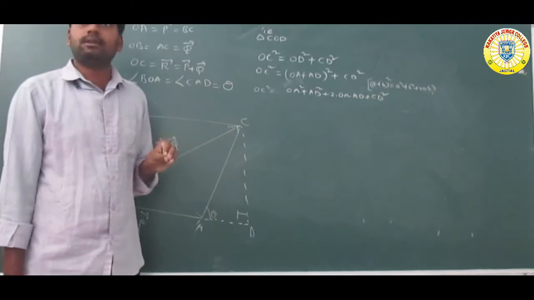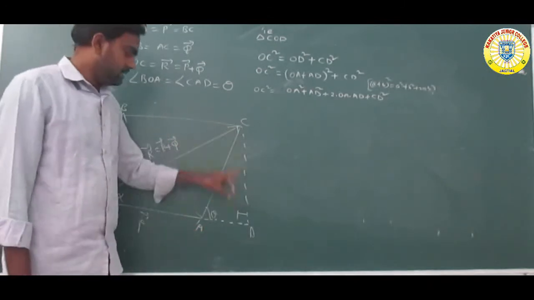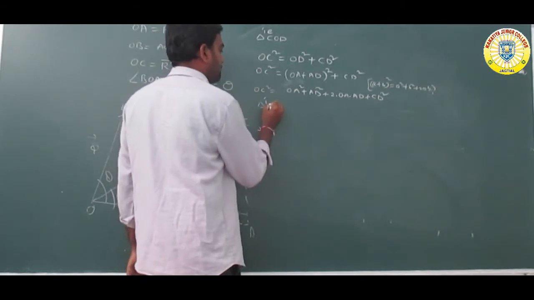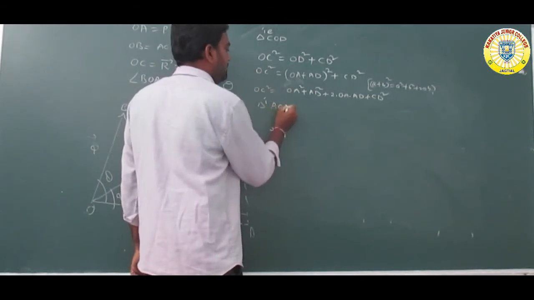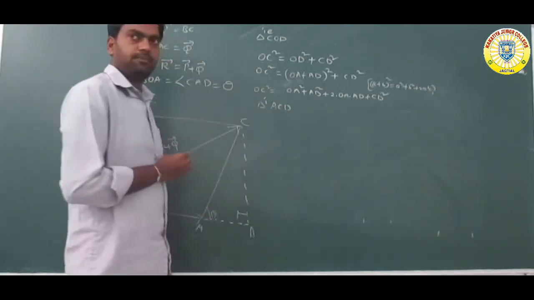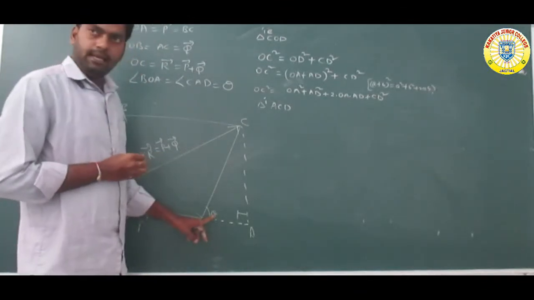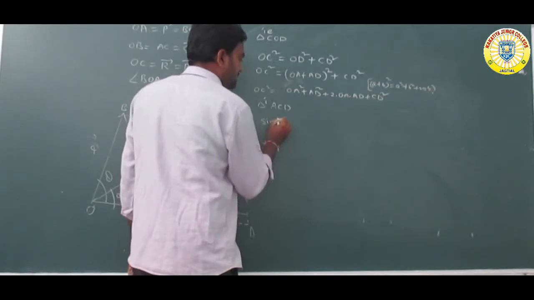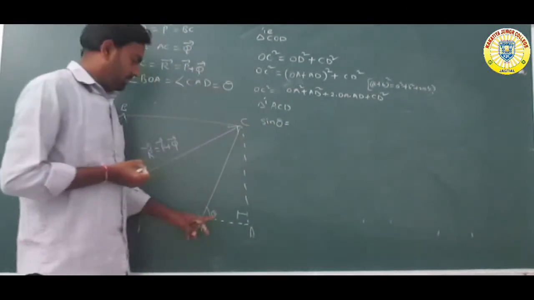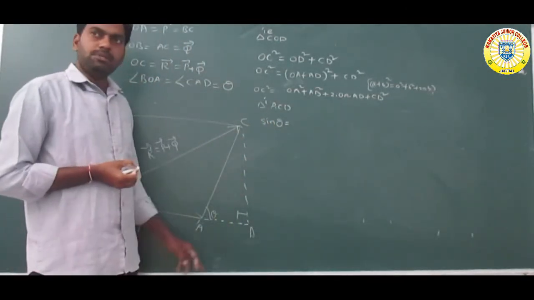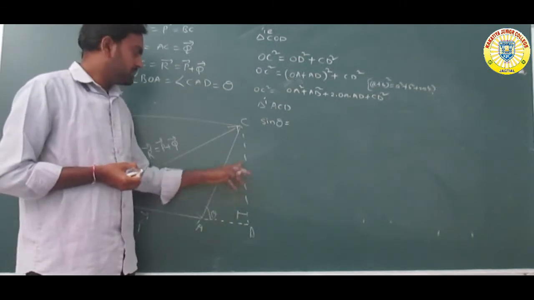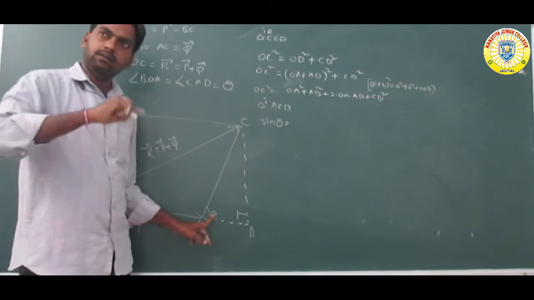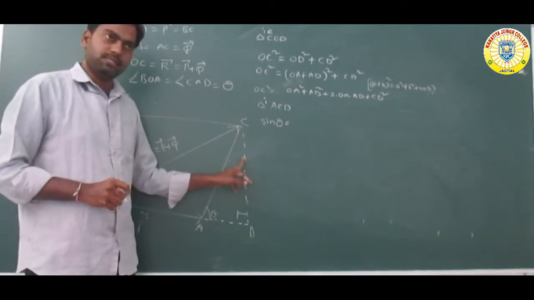By using the triangle ACD, sin theta is equal to opposite side by hypotenuse. Opposite side means CD, the side opposite to angle theta.